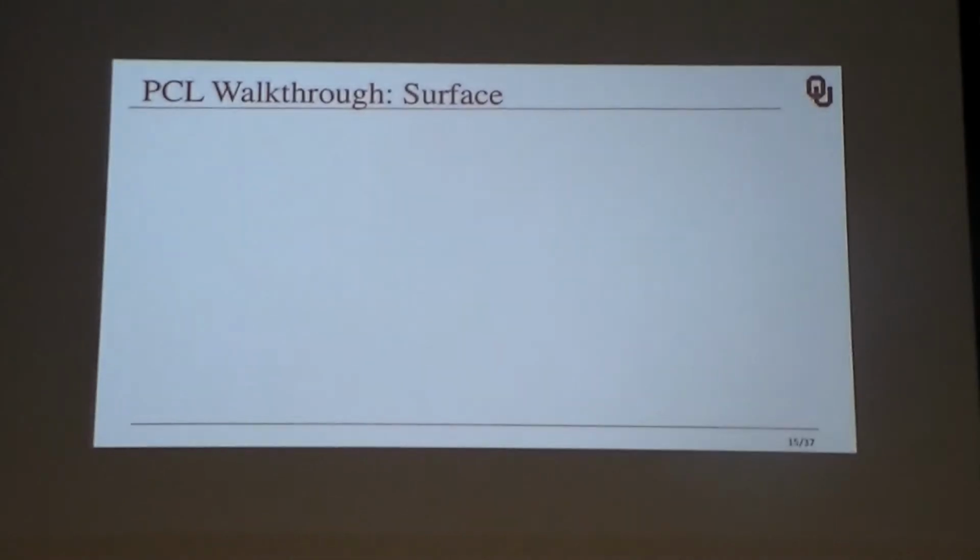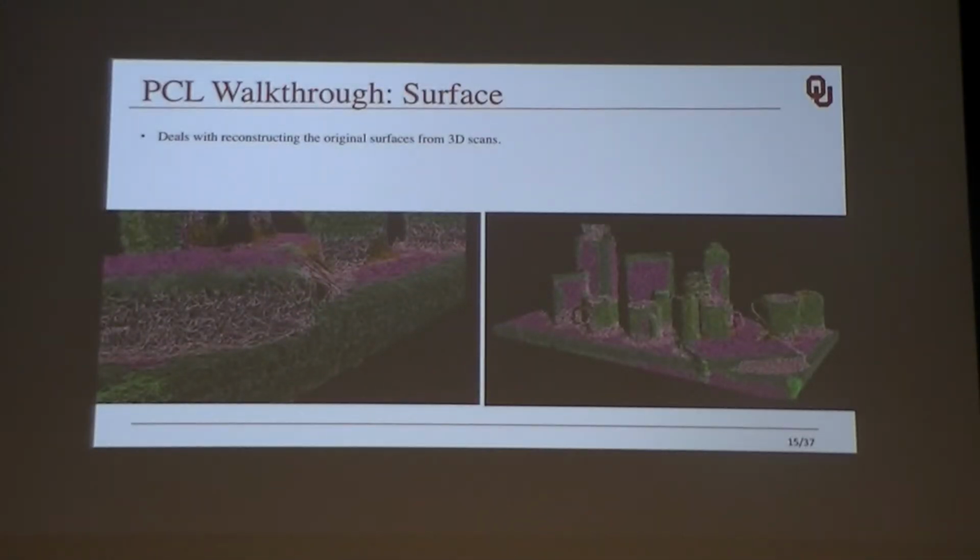The third module is called surface. This module is very useful when we want to do reconstruction for a missing part. The algorithm can do that using the information from neighboring points in the point cloud.